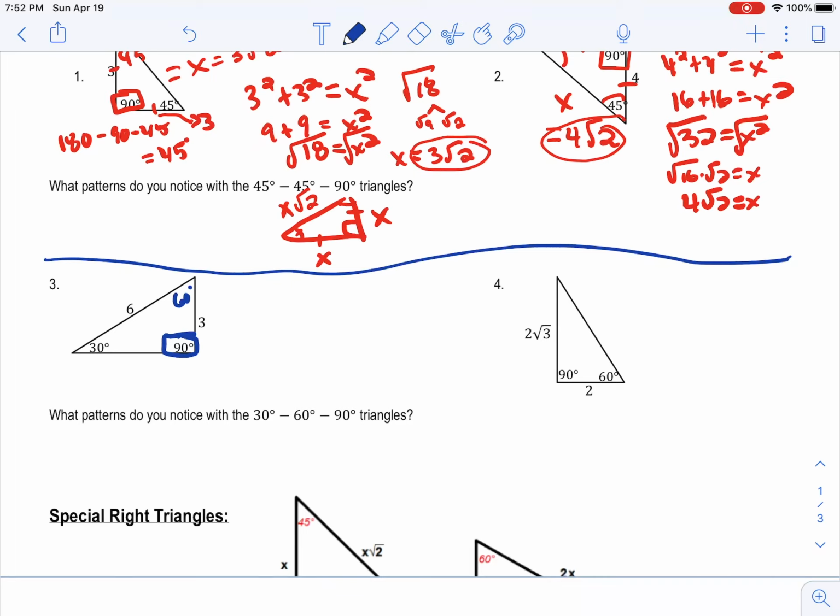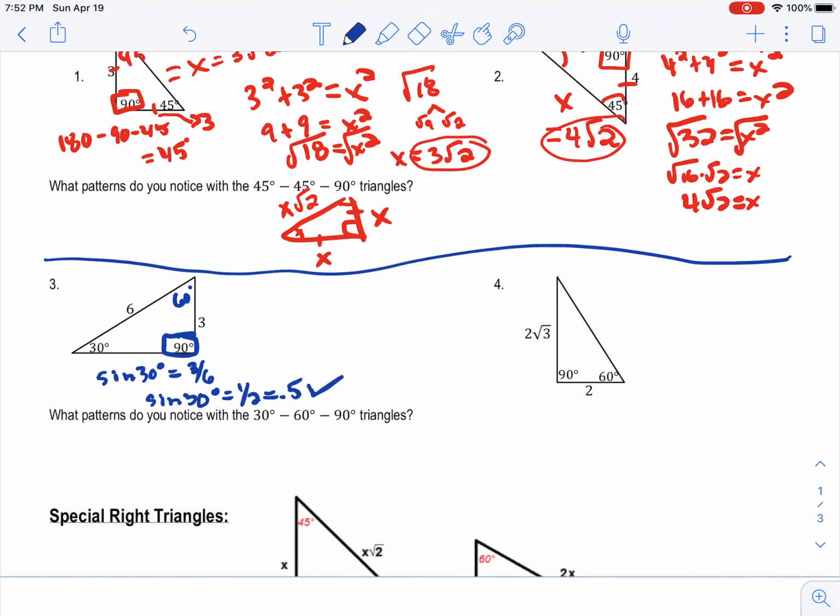Okay, so if we look at the sine of 30 degrees equals 3 over 6, we could test our calculator with this and see that we get sine of 30 degrees equals 1/2 or 0.5. Okay, this is actually how you check your calculator to make sure that you're in the right mode.